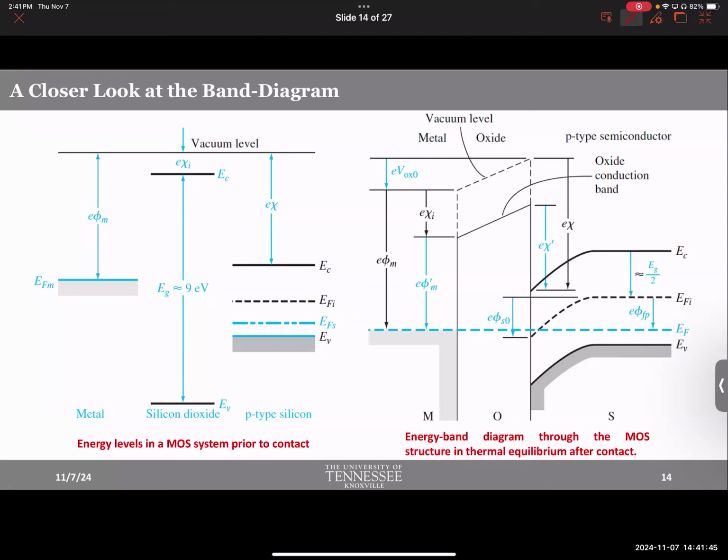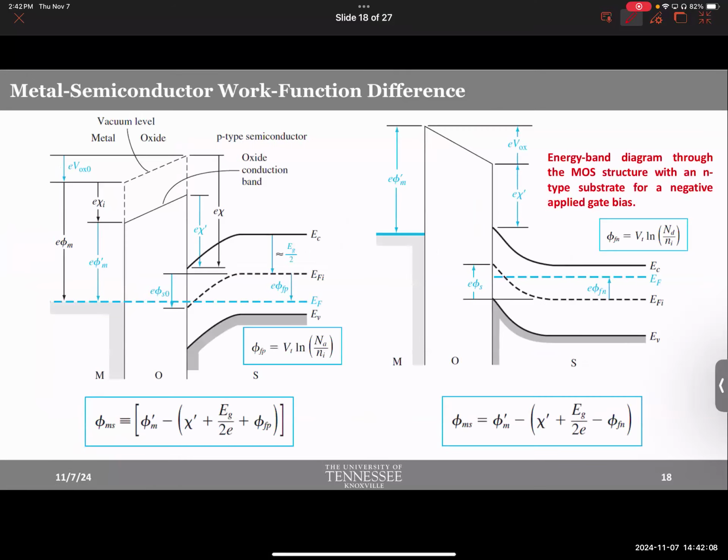how about the work function for semiconductor? How will that look? This is the work function for semiconductor, okay? The difference between the Fermi level and the vacuum level. So I'm going to get to the next slide. I'll get back to this.